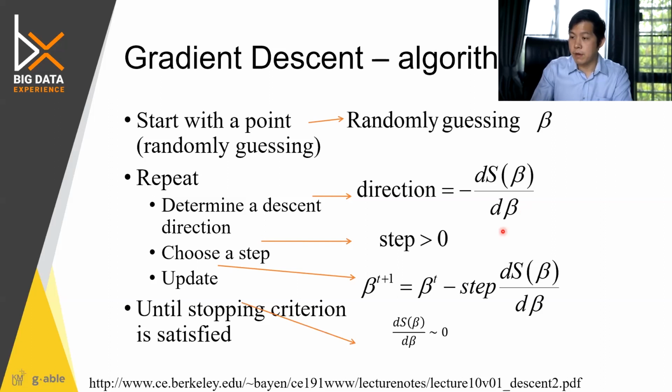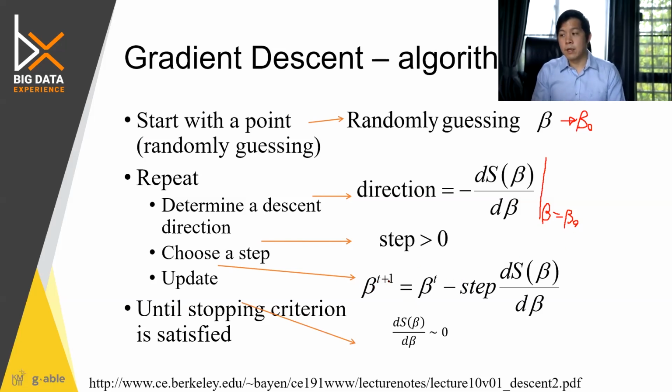So you get this beta 0, and after the partial derivative you substitute beta equal to beta 0, and then choose a step size, and then update from beta 0 to beta t plus 1, and keep doing that until you reach the stopping criterion, which is the derivative itself being approximately 0.